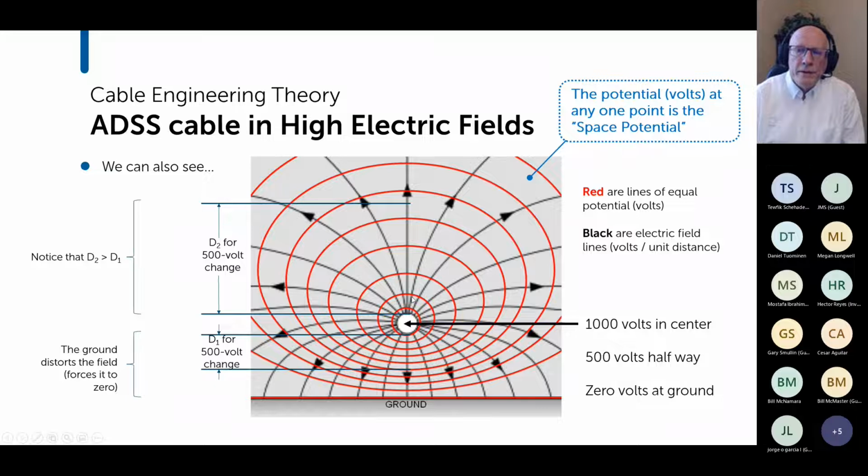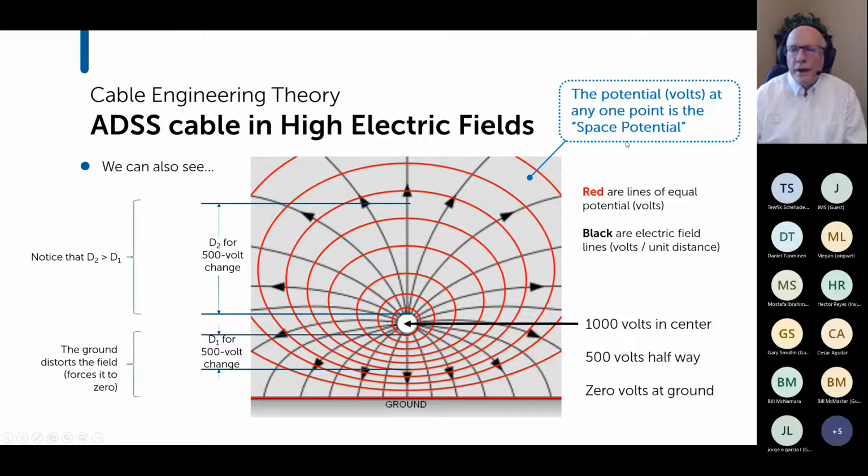So these black lines are the electric field lines. So an electron feels a force to push it on these lines away from the conductor. At any given point in space, if you could go there and you could measure a potential of voltage, that voltage is the space potential.